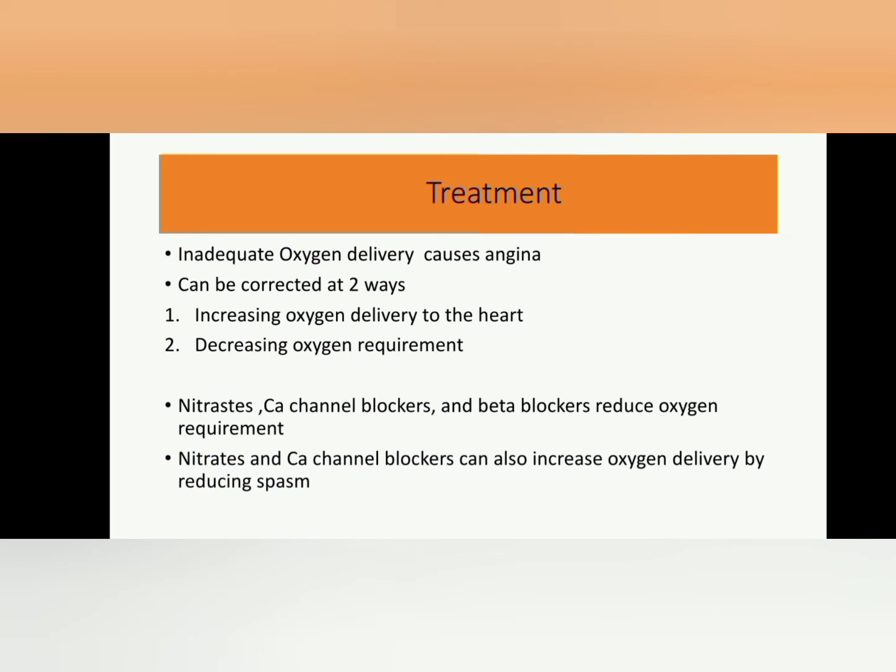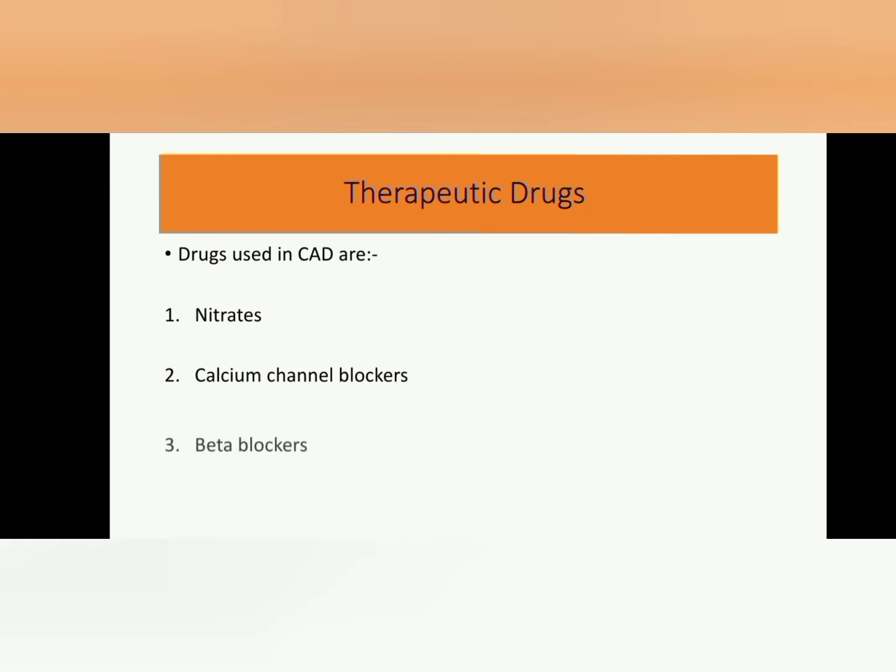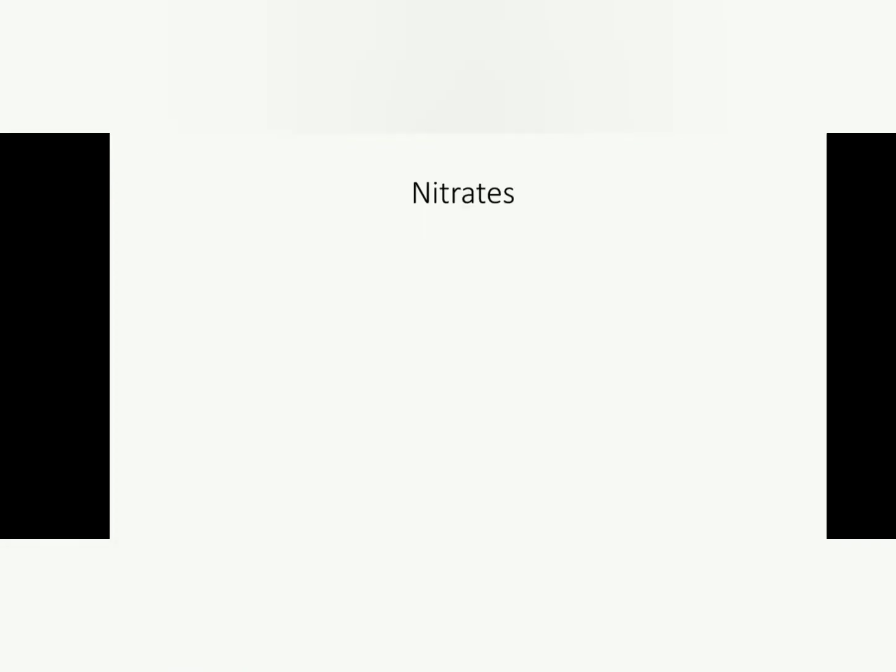Nitrates and calcium channel blockers can also increase oxygen delivery by reducing spasm. Therapeutic drugs. Drugs used in coronary artery diseases are nitrates, calcium channel blockers, and beta blockers.